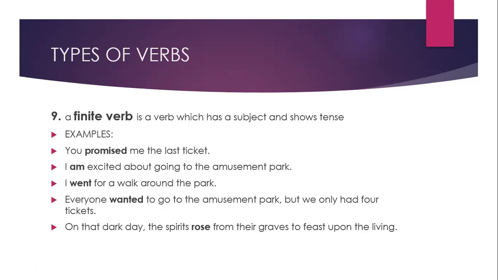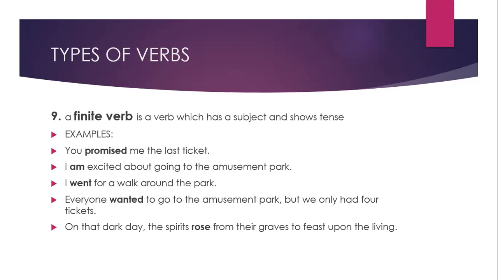Then we talk about finite. A finite verb is a verb which has a subject and shows tense. So in a sentence, if you have a verb that shows tense and has a subject, then that verb can be said to be a finite verb or in the finite form. So, you promised me the last ticket. Promised here is in the past, so it is showing tense.